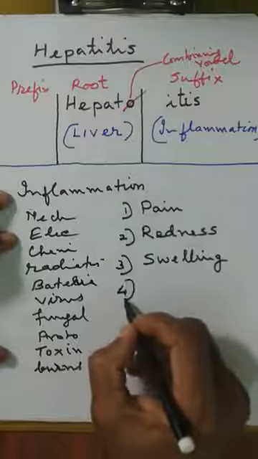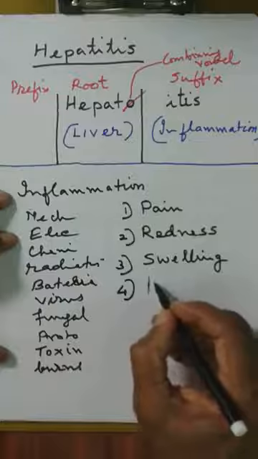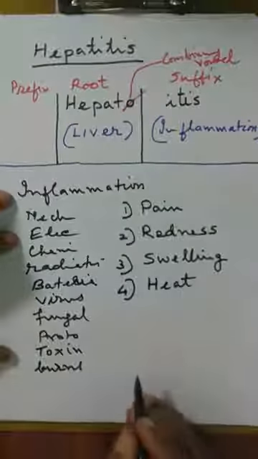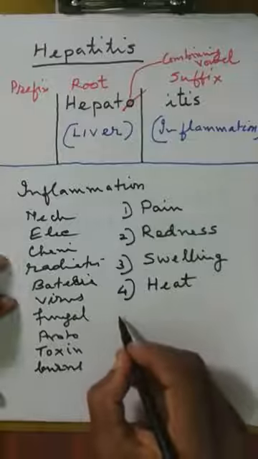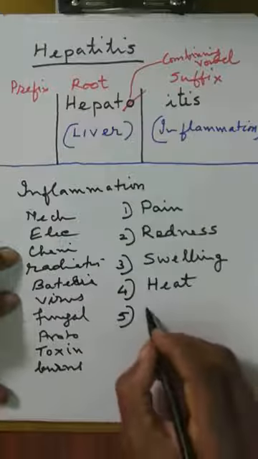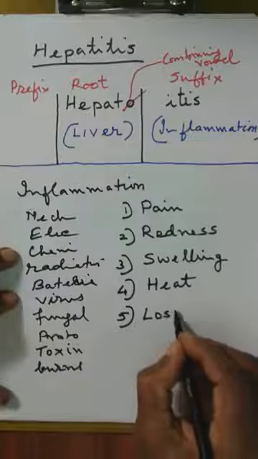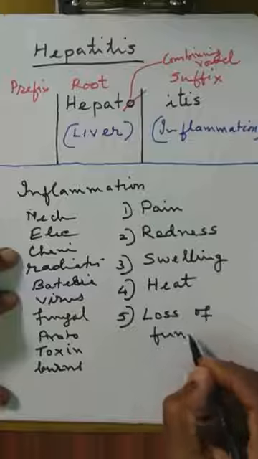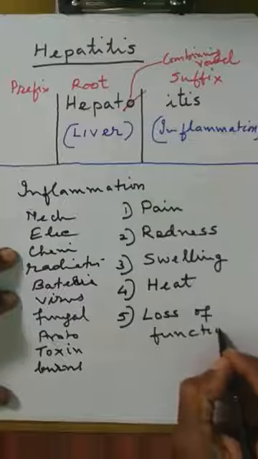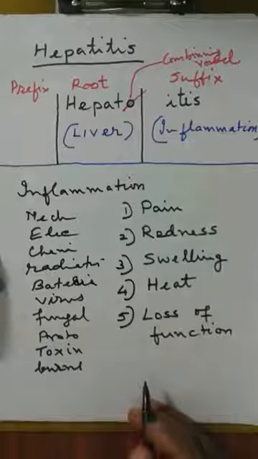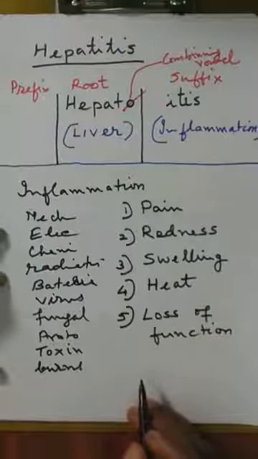Number 4, slight heat will be produced. Number 5, there will be loss of function, because that part which is inflamed will not function normally. There will be a loss of function.